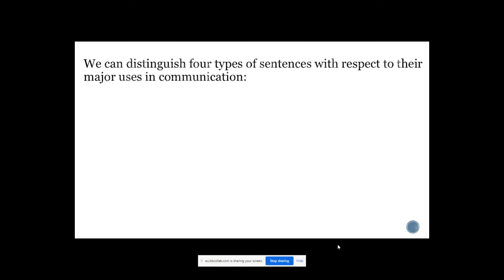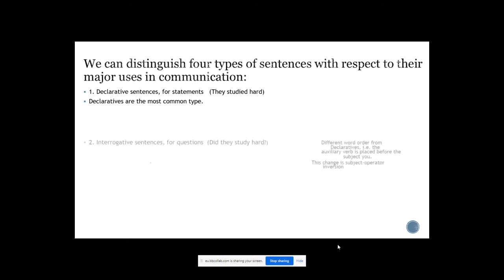For example, we have declarative sentences for statements, and just one example is they studied hard, and actually it is the most common type, and it's the basic type for all other sentences in English. It's the declarative sentences, and some books call it just declaratives.